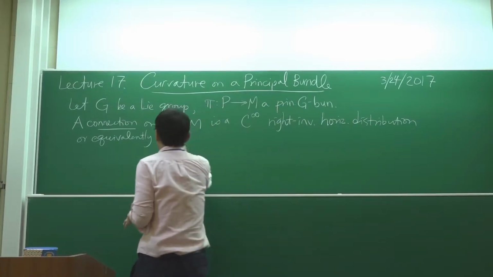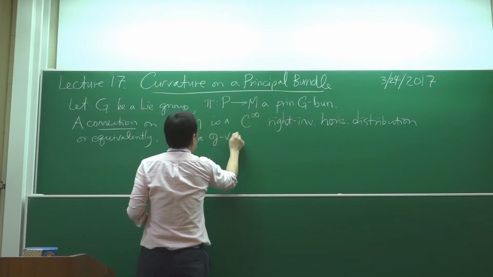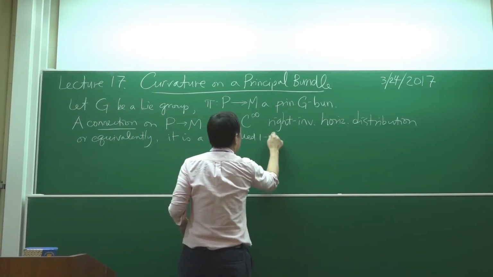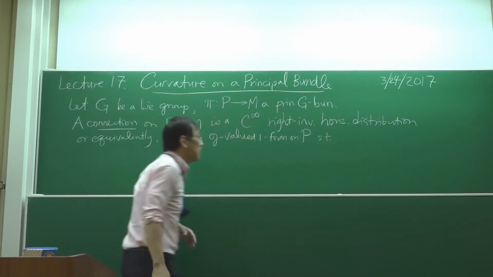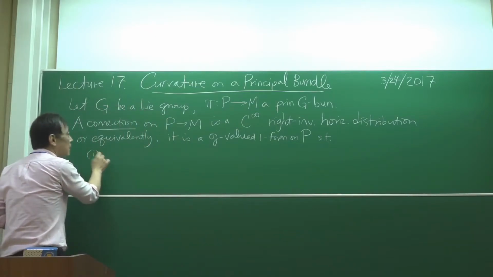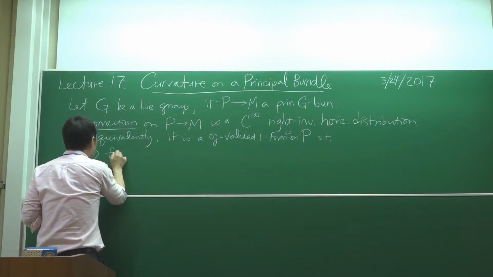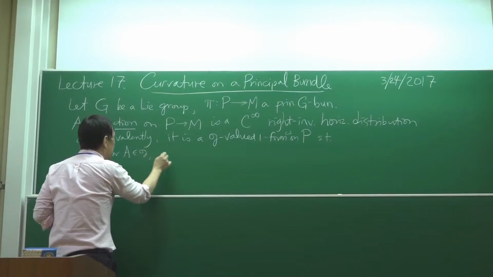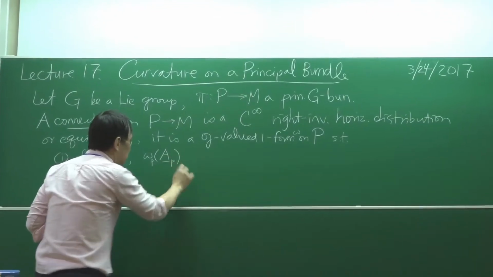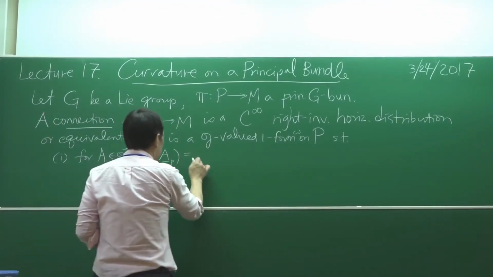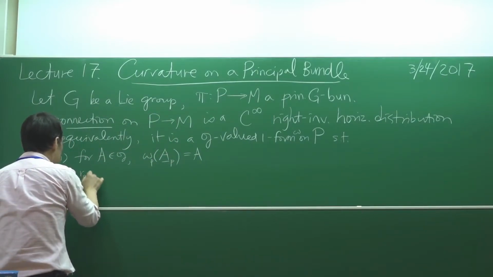Okay. So such that, okay, let's call it omega. So for A in g, omega at p applied to the fundamental vector field associated to A is A, and it's right equivariant.